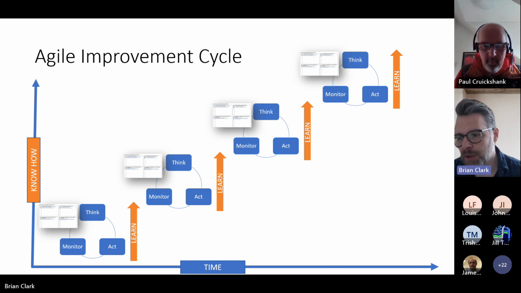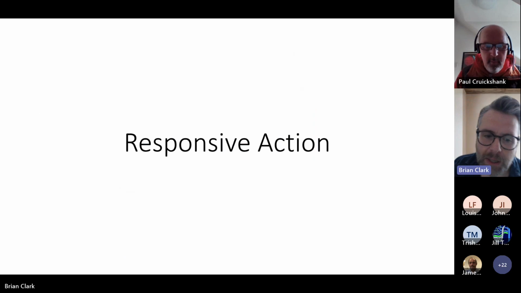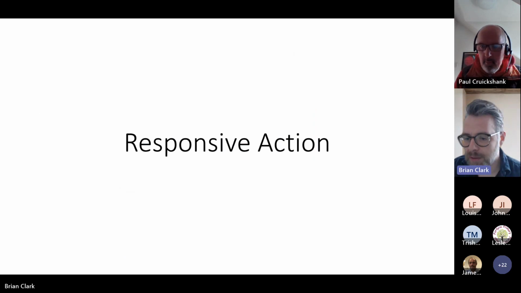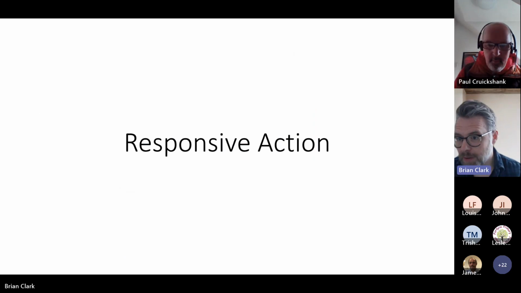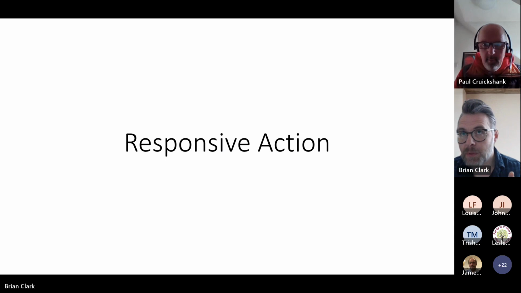At the end of each cycle, we've learned from the process and we start again. Today we're looking at responsive action and lean monitoring. When I've done this before, it was days and days' worth of learning, so I'm trying to cut it down into some tools you might find useful.